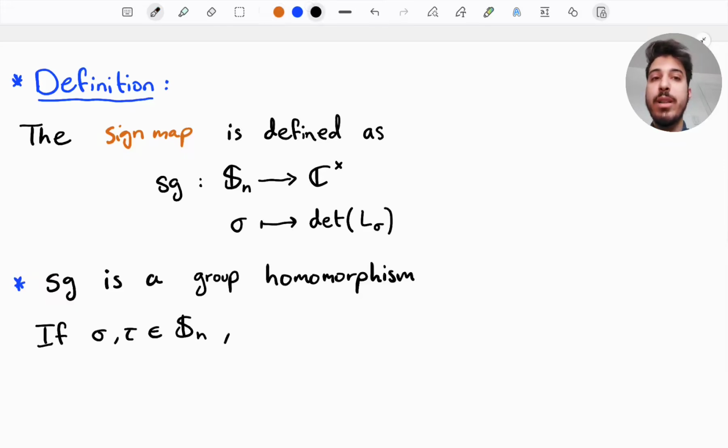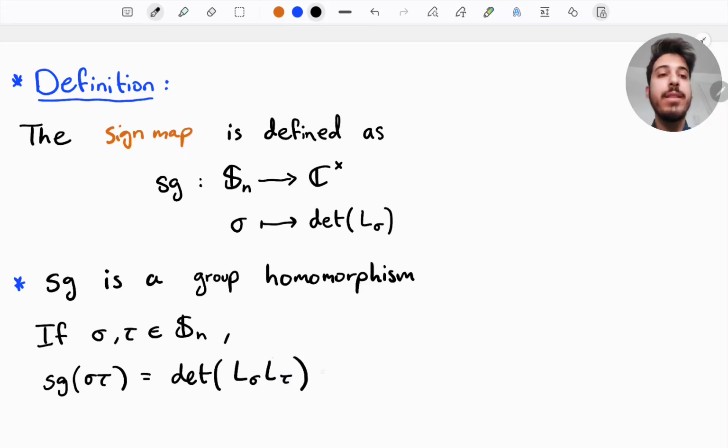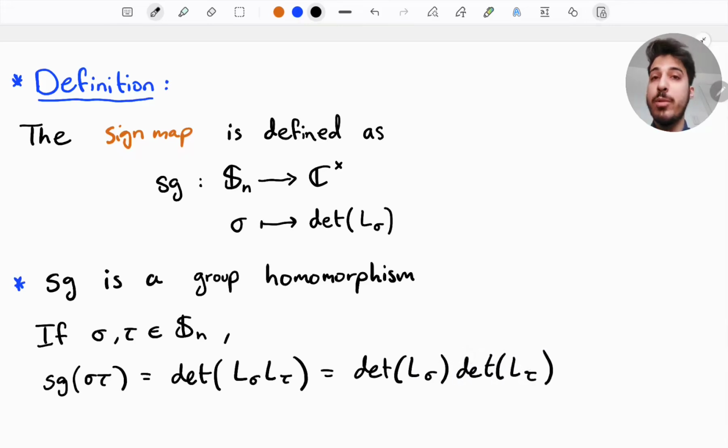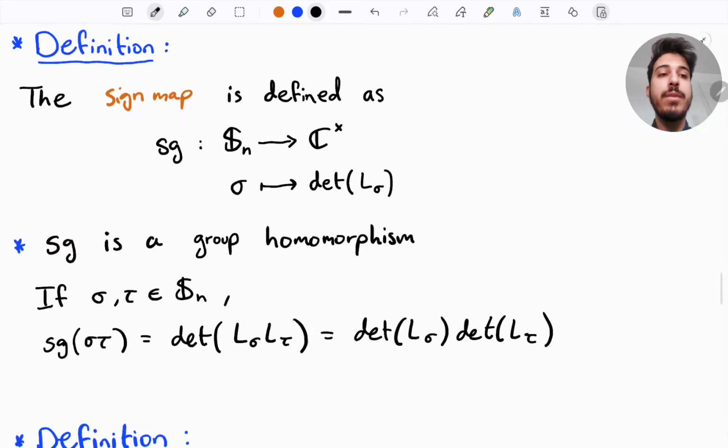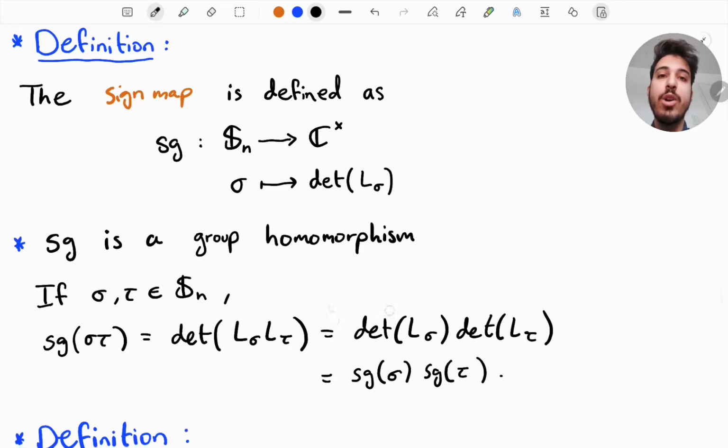So if sigma and tau are elements in Sn, we have that the sign sends sigma and tau to, formally, the determinant of L sigma times L tau, and this is equal to the determinant of L sigma times the determinant of L tau, because the determinant is a homomorphism, and this equals, by the definition of the sign map, sign of sigma times sign of tau, thus proving that sign is, in fact, a homomorphism.